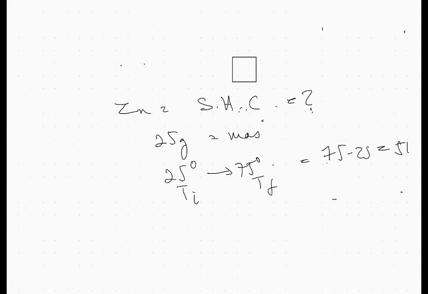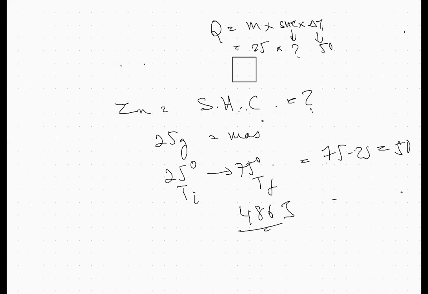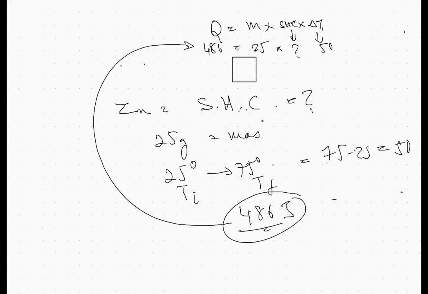So if you write the original formula, delta T is 50. Specific heat capacity is what they asked. Mass is 25. And you have to get the other one. Q is given as 486. Okay, so you have to find the specific heat capacity. It's an adjustment you do. Okay, let me write here.